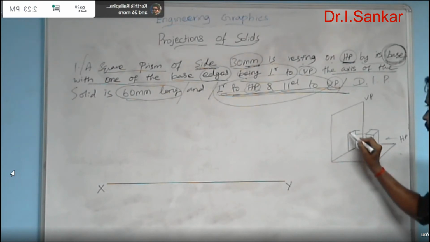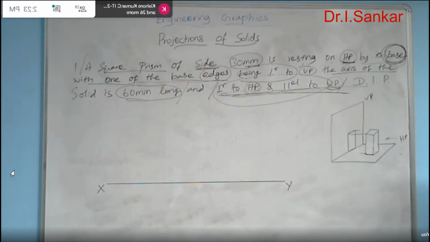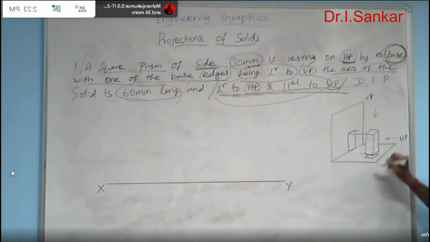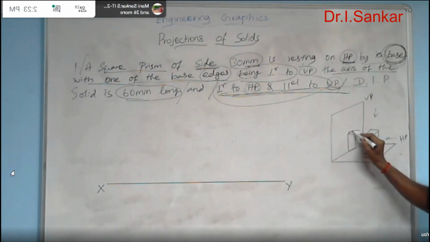The front view obtained will be a rectangle, and the top view will be a square, and here the object is actually resting on the HP. So for demonstration purpose only I am extending the view. So you will get a square base as your top view and a rectangle as your front view.